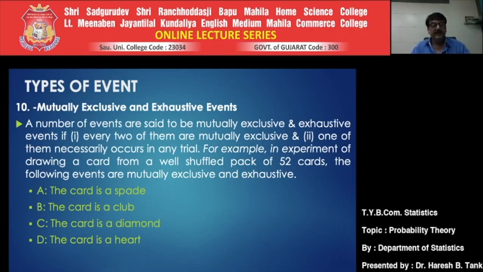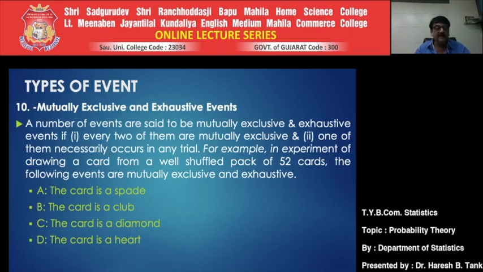Let us suppose event A: the card is a spade; the card is a club; the card is a diamond; the card is a heart. Okay? Look, there are 52 cards of which one card is to be drawn.